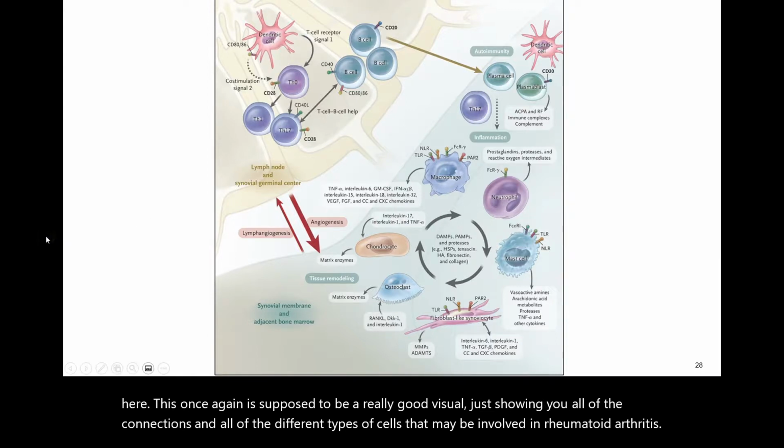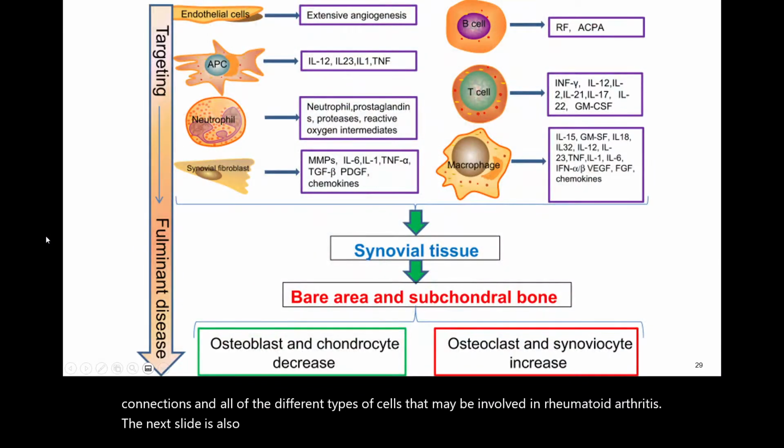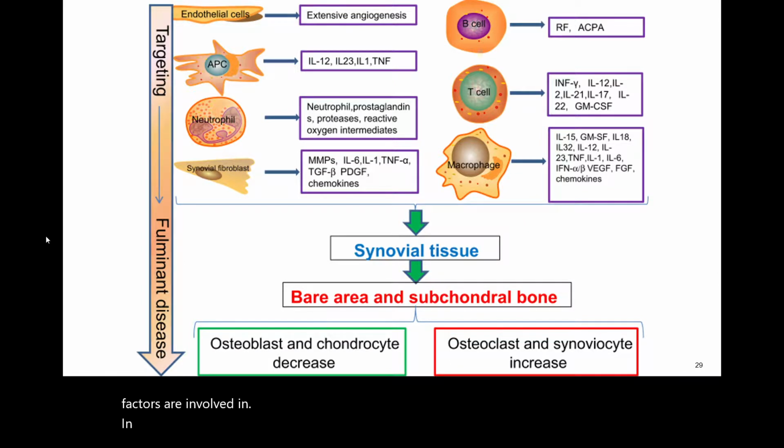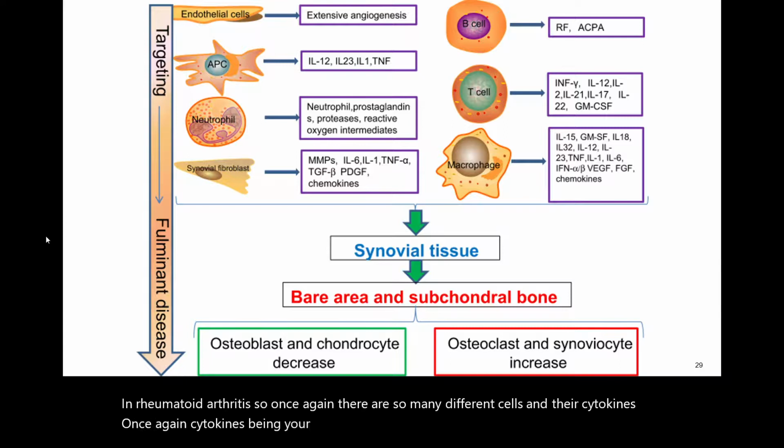The next slide is also a schematic diagram highlighting just once again how many different factors are involved in rheumatoid arthritis. So once again, there are so many different cells and their cytokines. Once again, cytokines being your interleukins and your TNF alpha that play a critical role in RA development.